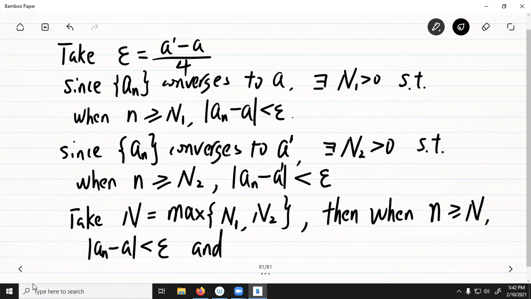So this inequality would be true, and a sub n minus A prime is less than epsilon. So you see, we take this capital N to be the maximum of N1 and N2. Then when the index n is greater than this capital N, these two inequalities would be true at the same time. Okay, so now we can use these two inequalities.